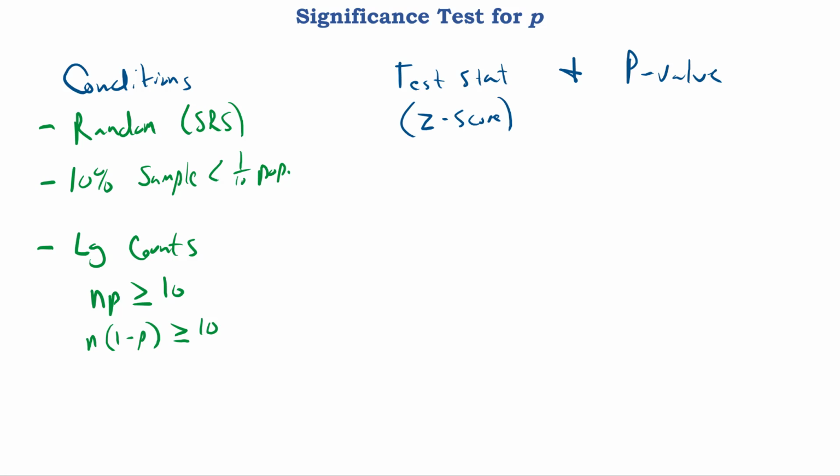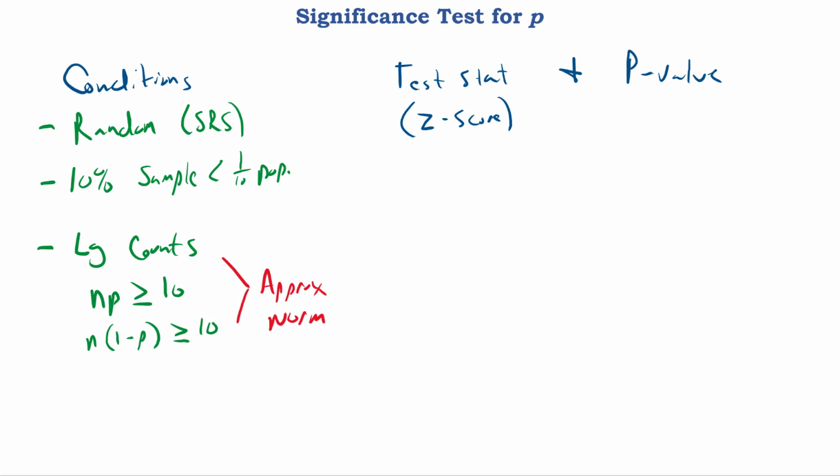This gives us the ability to say it's approximately normal. That's what we need to worry about first: the conditions.